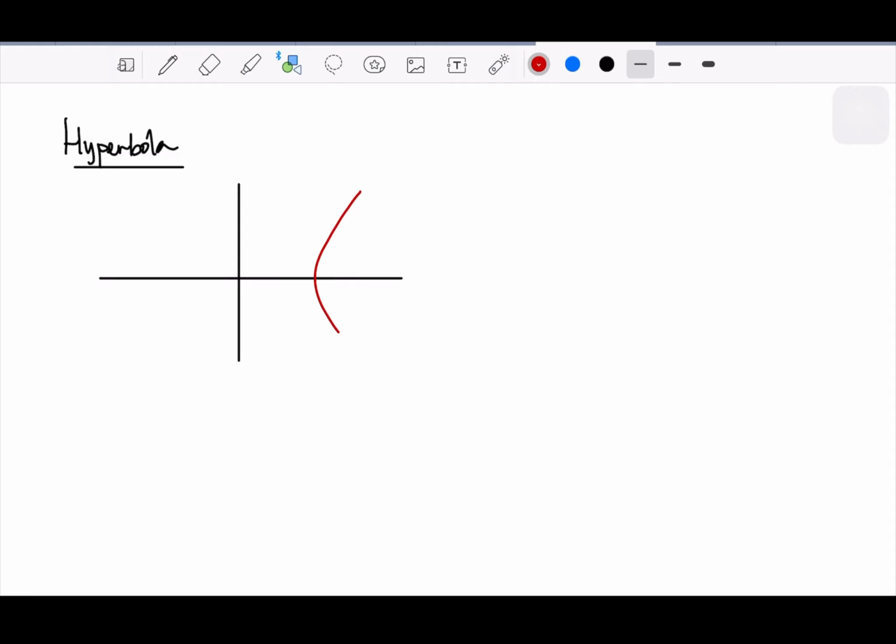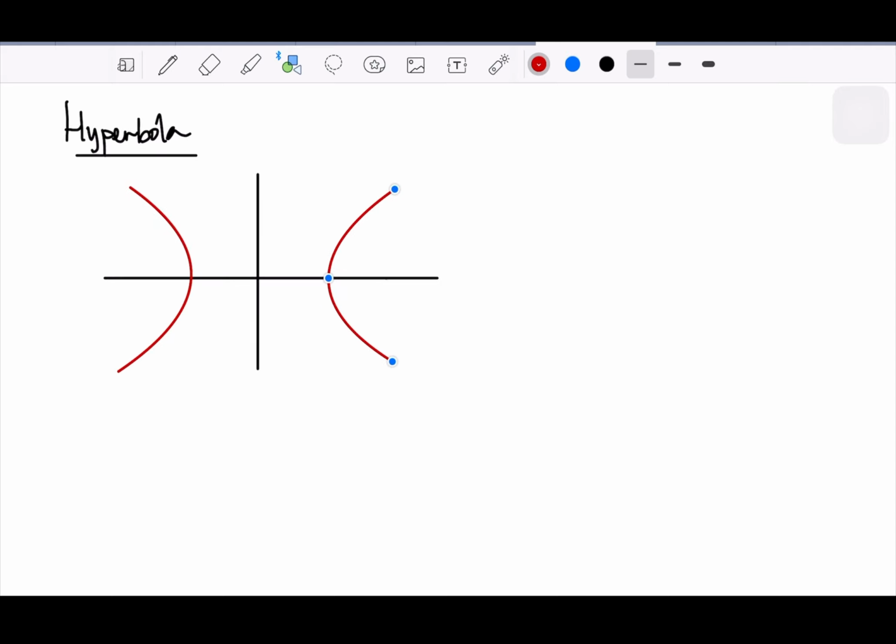Maybe around here. Actually, it still looks like a parabola because of the fixed curve on this app.